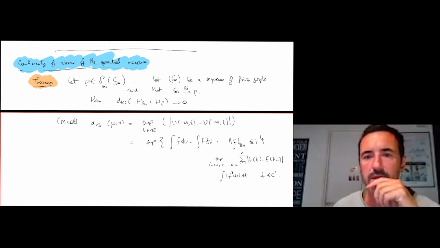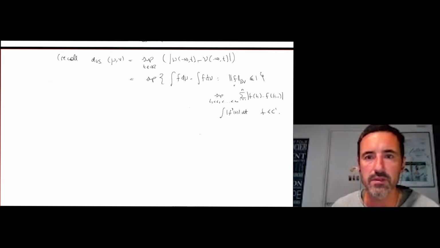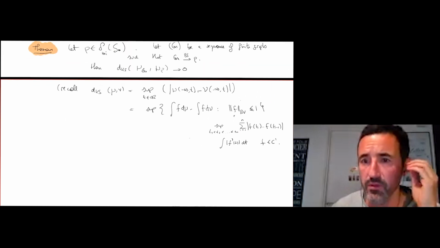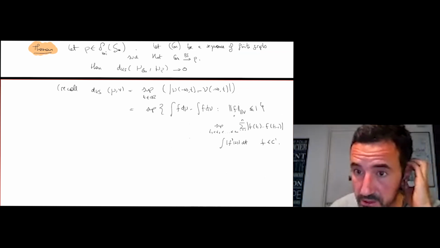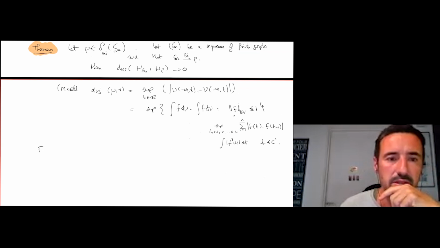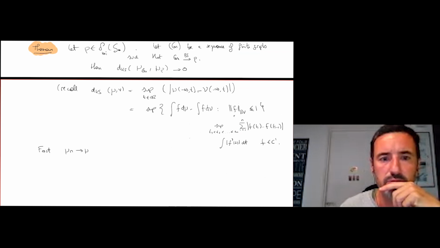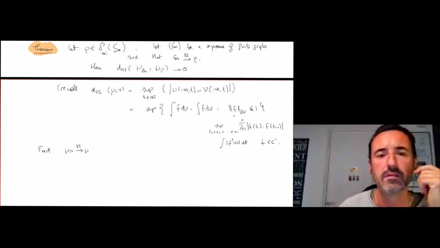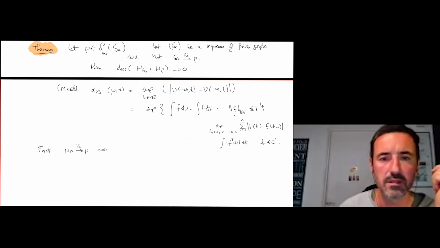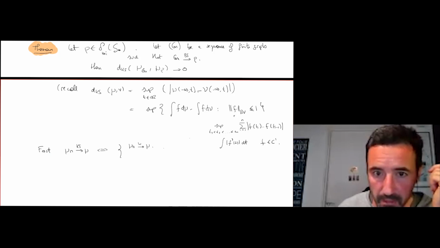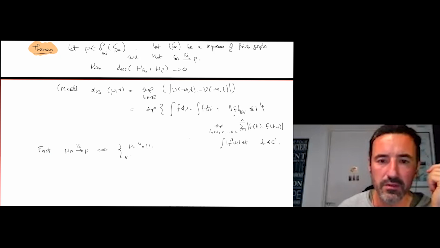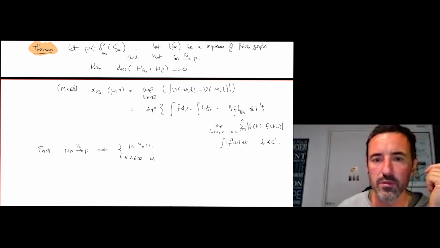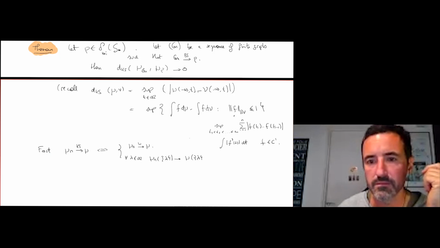So the Kolmogorov distance is stronger than the convergence over all bounded functions. In fact, there is a fact: a measure μn converges to μ in Kolmogorov sense is equivalent to saying that μn converges weakly to μ, and that the atoms converge, for all λ in R, μn of λ converges to μ of λ.